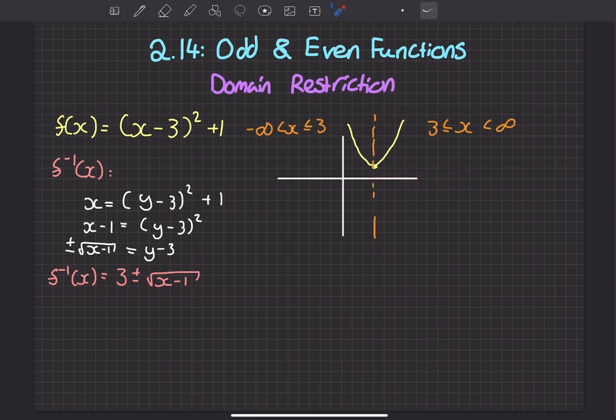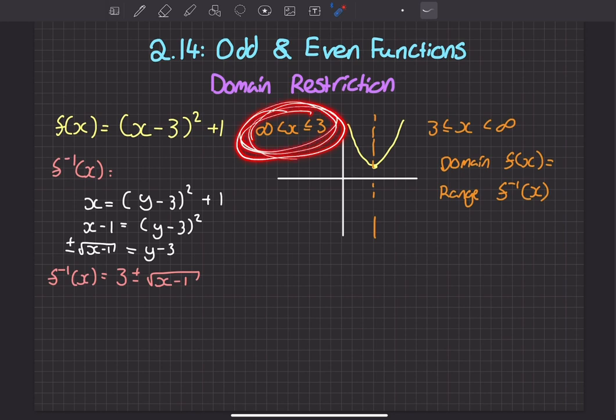And here, any x value between minus infinity and 3. So all of this here. And what we also know is that the domain of f of x is the range of the inverse, right? So let's say that we have this function here and we restricted the domain to this.